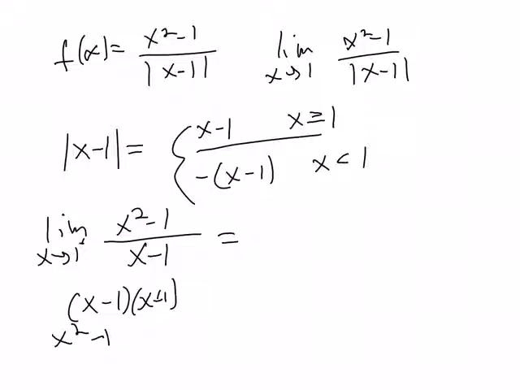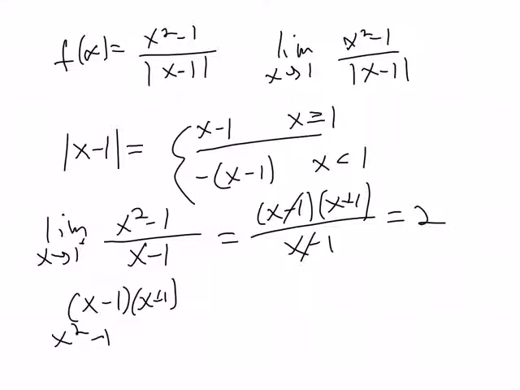So this is equal to x minus 1 times x plus 1 over x minus 1. These cancel, and I put in a 1, so this is equal to 2. So as I'm approaching from the right, I get a 2.